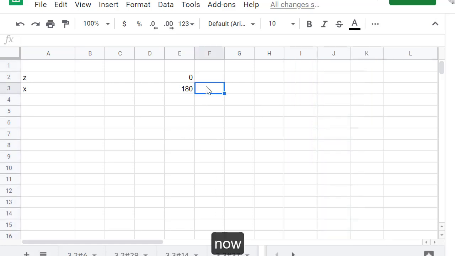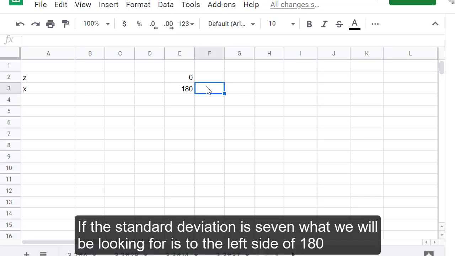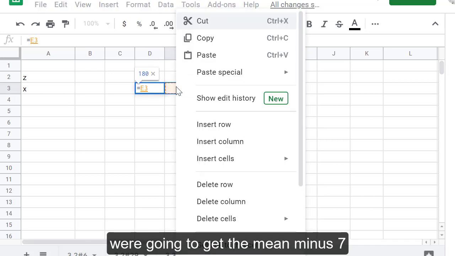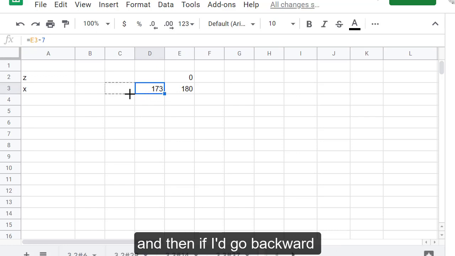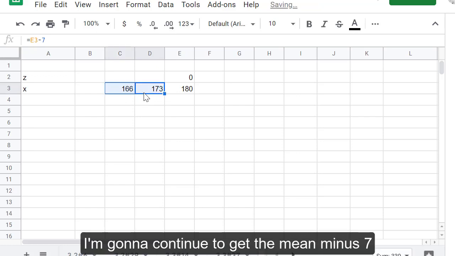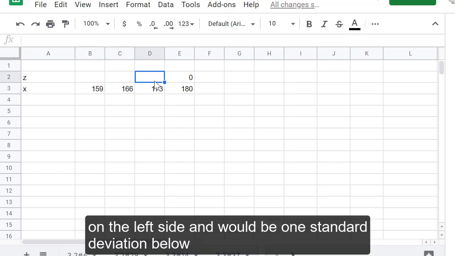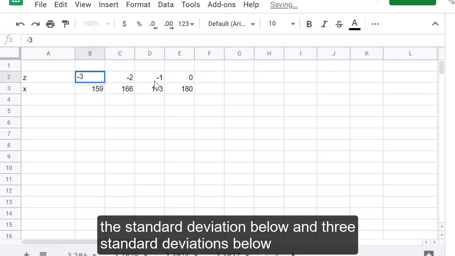Now, if the standard deviation is 7, what we would be looking for is, to the left side of 180, the mean minus 7. And then if I go backward, I'm going to continue to get the mean minus 7. So on the left side would be 1 standard deviation below, 2 standard deviations below, and 3 standard deviations below.